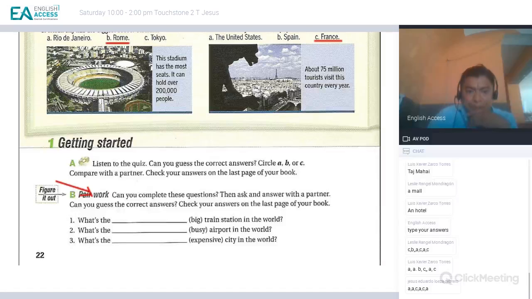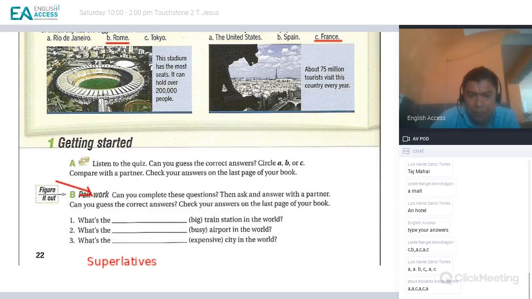Okay, let's go back to the book. It's right here. So what we have here are superlatives. Yes? Are you familiar with those? Superlatives. And what are superlatives? Superlatives are extremes.